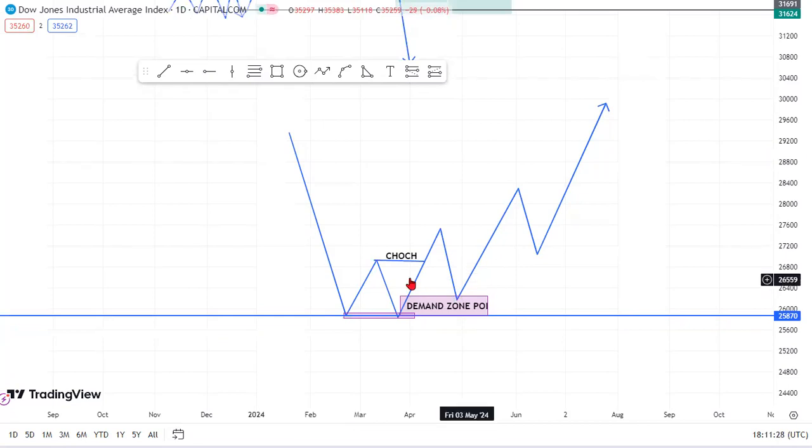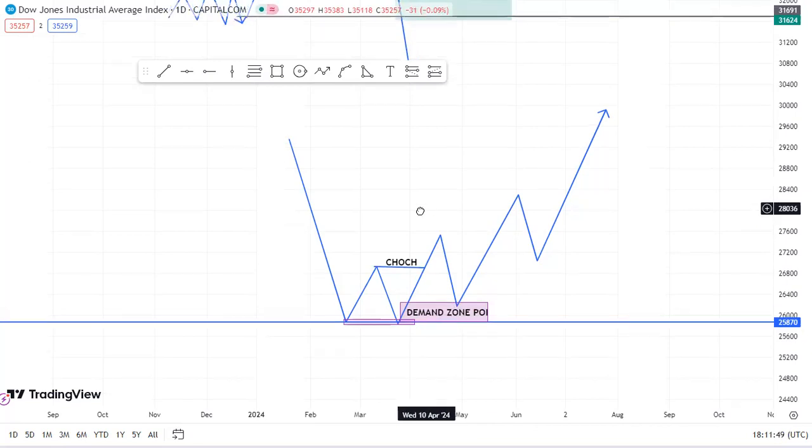you identify the market imbalance here. You might find that the market was moving at a certain pace or a corrective pace here, then starts getting into an impulse. So what you can do is identify a market imbalance. Look, I'll teach you about market imbalances, but now let's focus on demand zones.